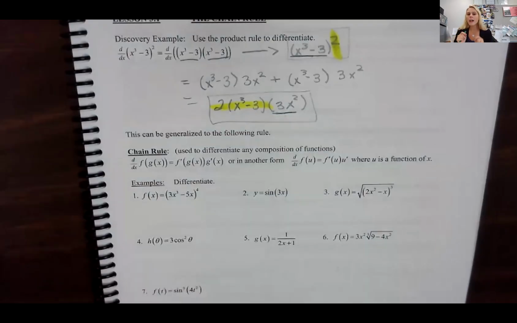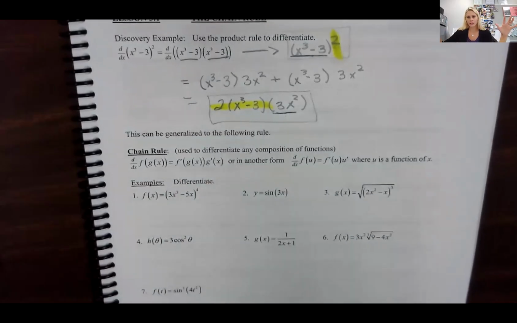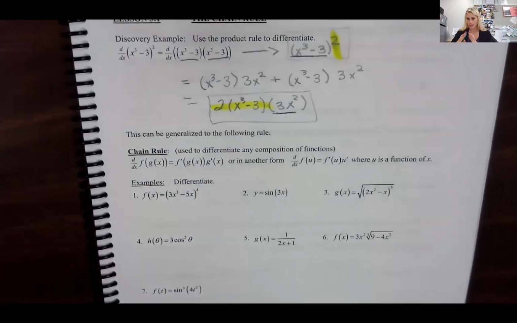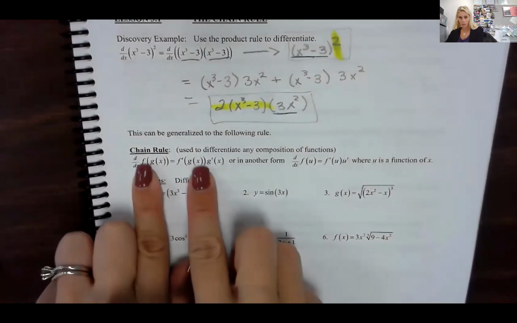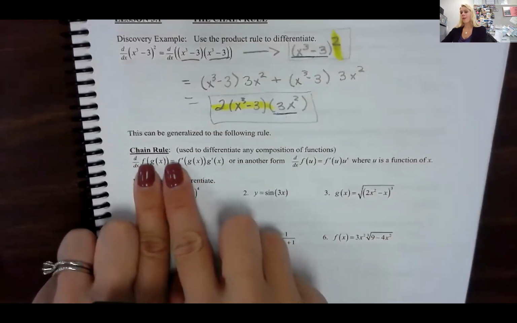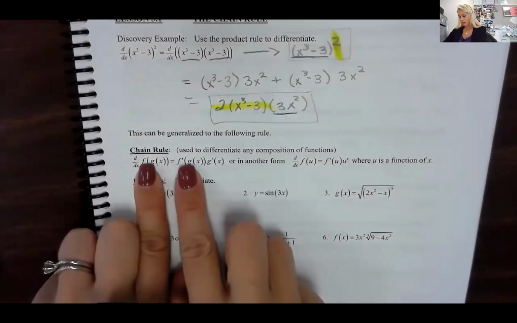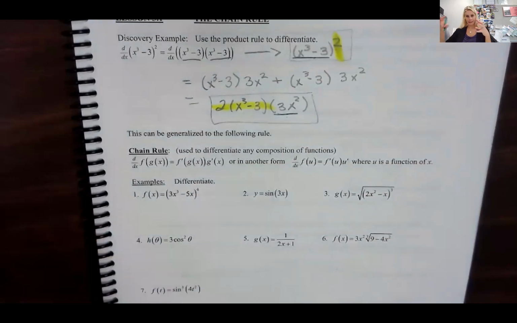The idea of the chain rule is the derivative of the outside, same inside, times the derivative of the inside. So we have a function within a function. To take the derivative, we take the derivative of the outside function, leaving the inside the same, times the derivative of the inside, just like the doll.